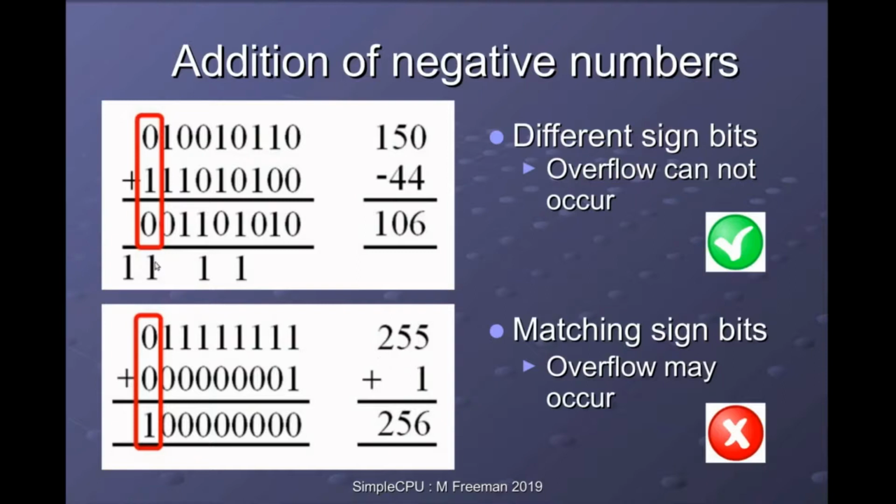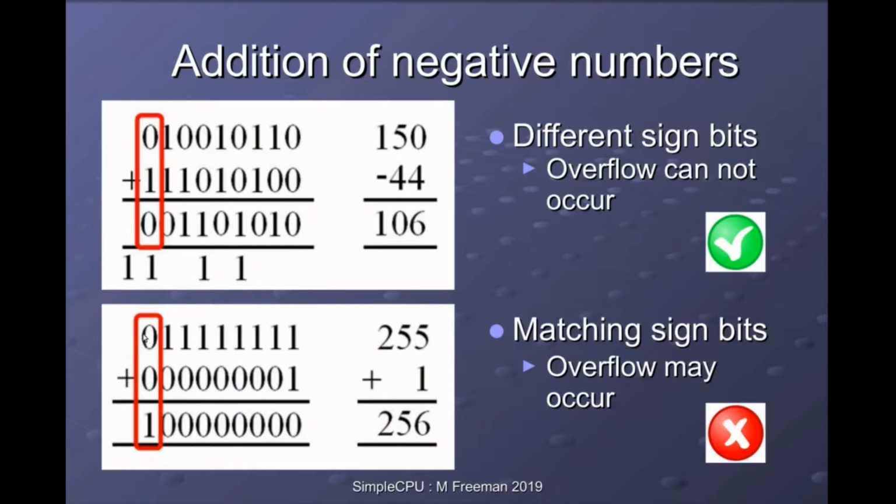You can see that when we have a look at these examples here. So here, where we add together two numbers, a positive number and a negative number, we know there's no problems because obviously the result will be smaller. Here, where we have a positive number plus a positive number, we do have to check that the sign bit of the result matches the operands coming in. So when I add together two positive numbers, I should obviously generate a positive result.